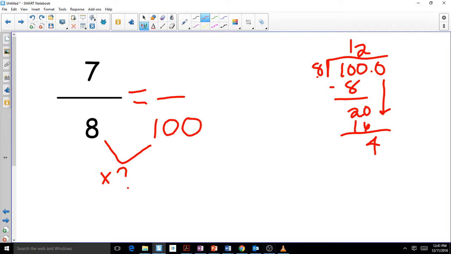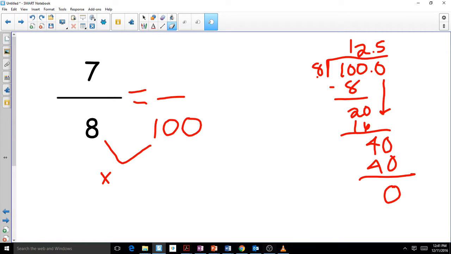I know that if I bring down the 0, I have to hop up the decimal there, which also means that 8 goes into 40 five times, and that makes me so excited because then I don't have to take this out to the hundredths place because there's no remainder, and so I'm moving on. Now, I no longer have a mystery number, which is exciting. I know that 8 times 12 and 5/10 gives me 100%.